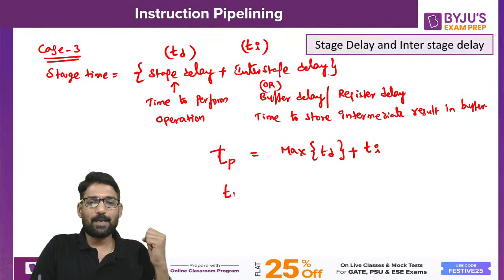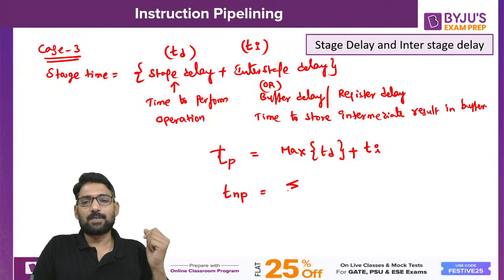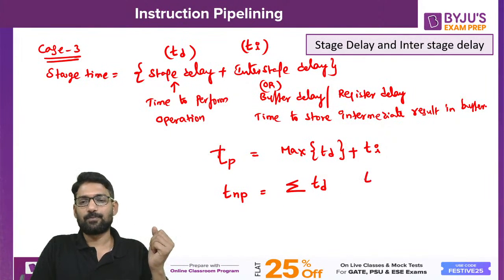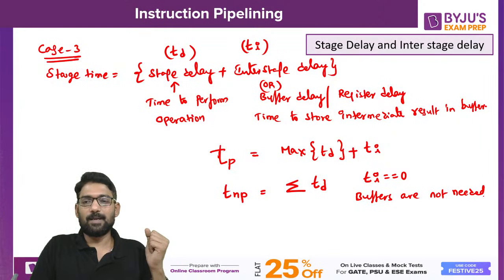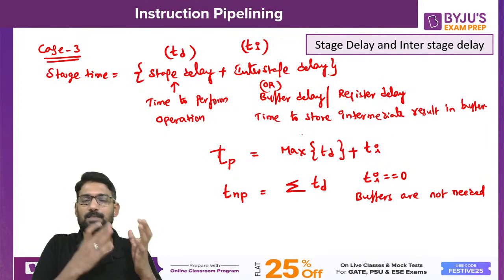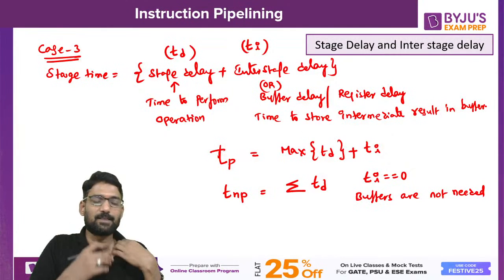And how do you calculate non-pipelined stage time? Summation of all the stage delays, and interstage delay is 0. Why in non-pipeline? Because the intermediate buffers are not required in the non-pipeline, because it allows only one after another execution.